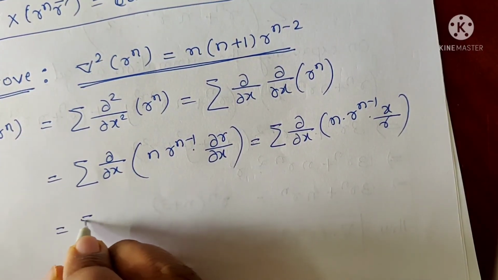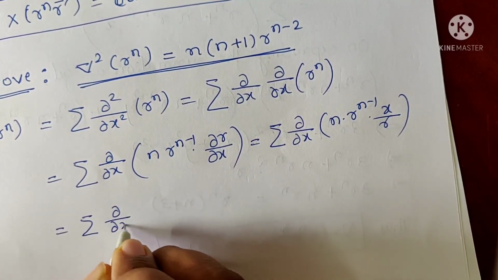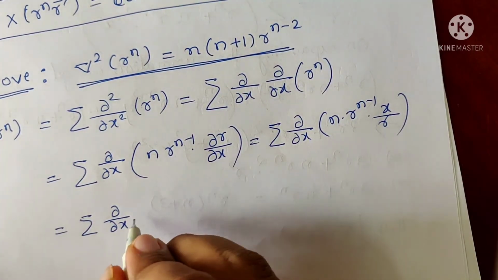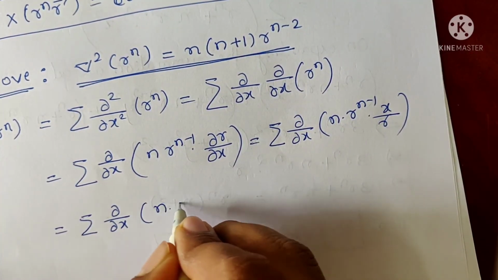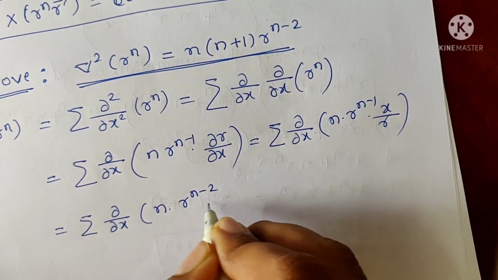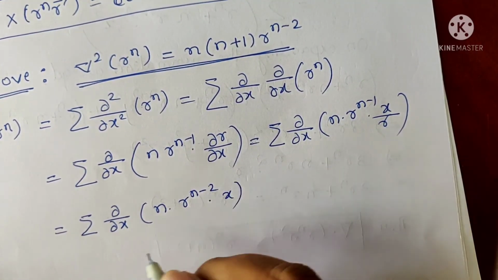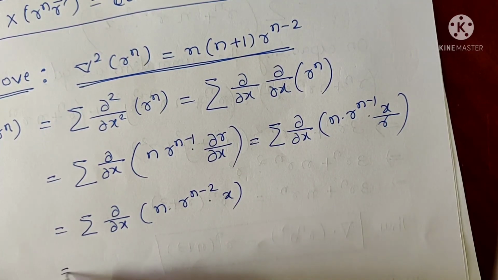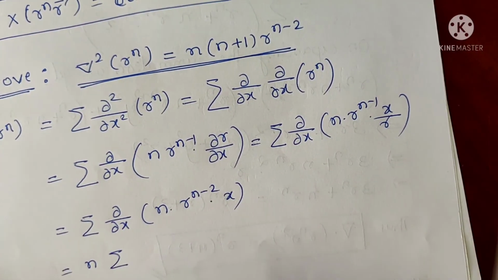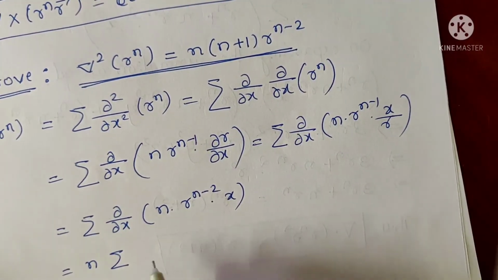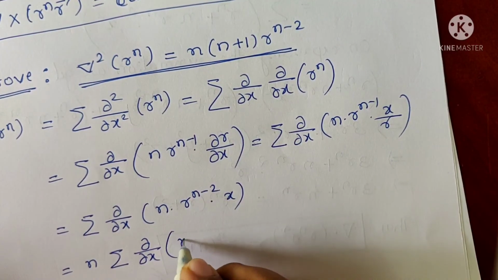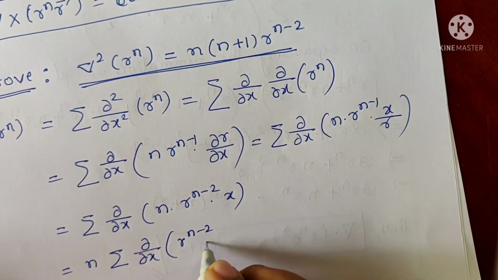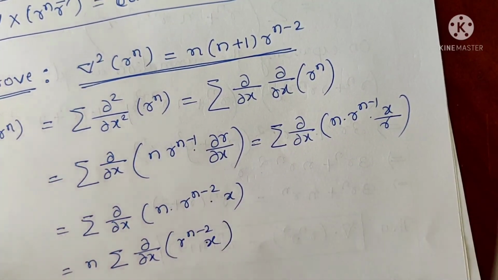So this is equal to summation of dou by dou x into n into r raised to n minus 2 into x. So we'll take n outside, it's a constant. Then summation of again dou by dou x of r raised to n minus 2 into x.